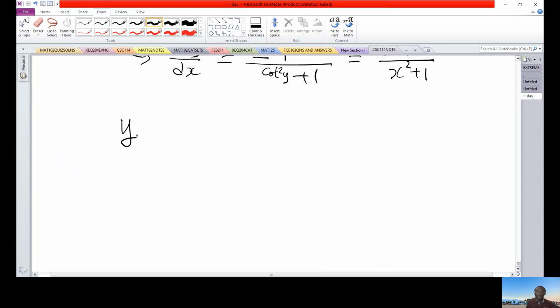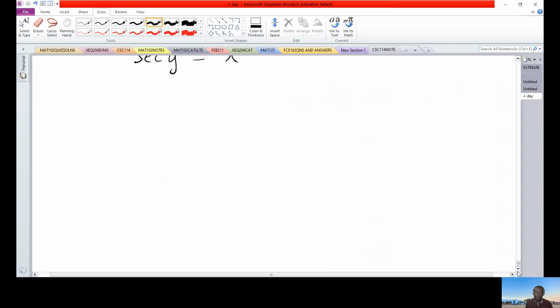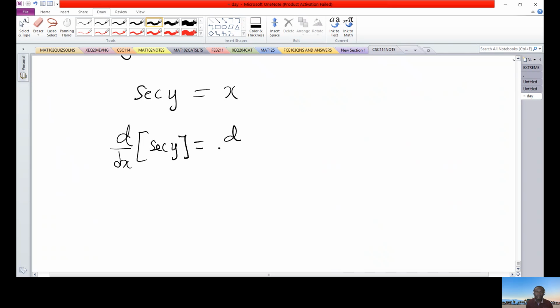And then if we have y as sec inverse of x, then you write this as sec y equals x. And then you introduce d/dx on both sides. So this is what you have.